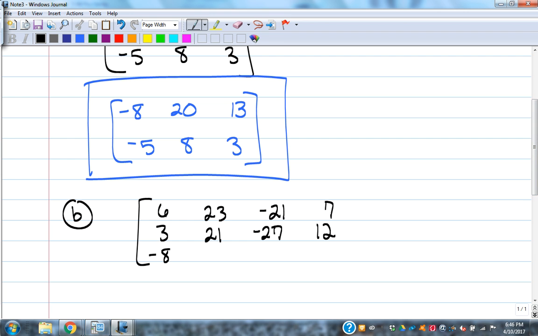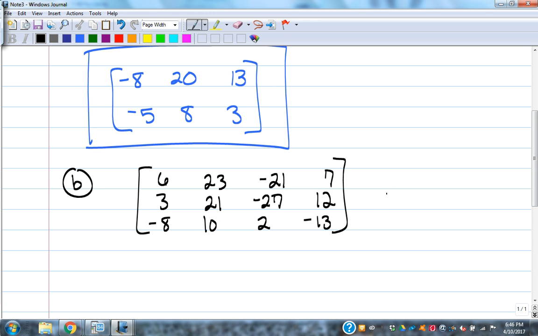And the last row is negative 8, 10, 2, negative 13. And maybe they say perform this row operation. Row 3 is equal to 1/3 of row 2 plus row 3. Which row is changing? Row 3.